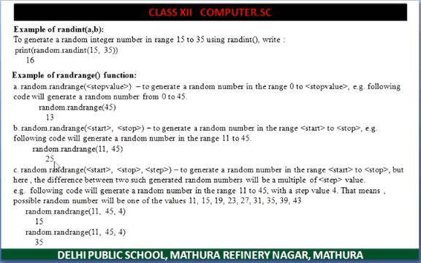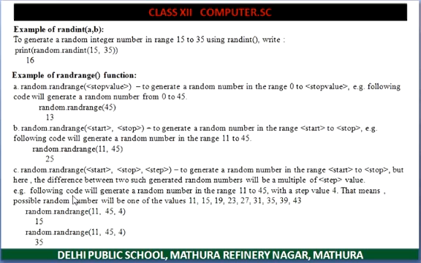Here we are assuming the output 25. This is not fixed. Third, random.randrange(start, stop, step). To generate a random number between start and stop with a difference of the step value, you have to write random.randrange(11, 45, 4).